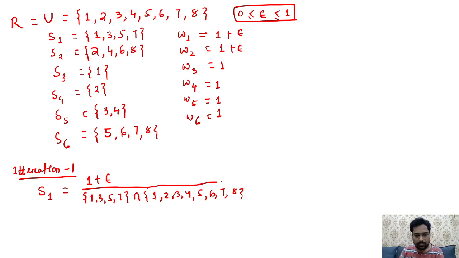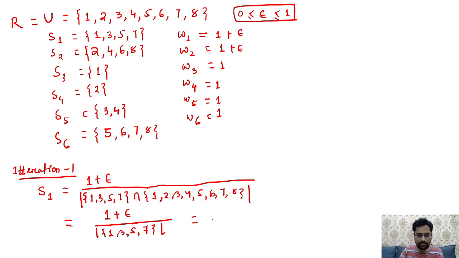To minimize the time, I'm just writing for one step and I'll be dictating what you have to write in future. Like it is 1 plus epsilon divided by, after intersection, the elements present there are 1, 3, 5, 7.